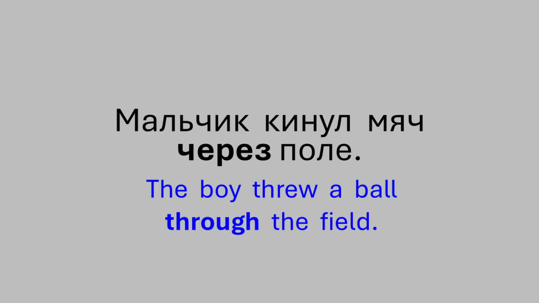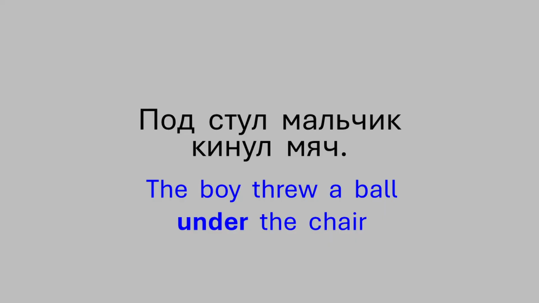So if we take our example sentence, мальчик кинул мяч, we can say мальчик кинул мяч через поле. That says the boy threw a ball through the field. And I can place поле, the word field, anywhere I want, but the preposition has to be before it. They're coupled.